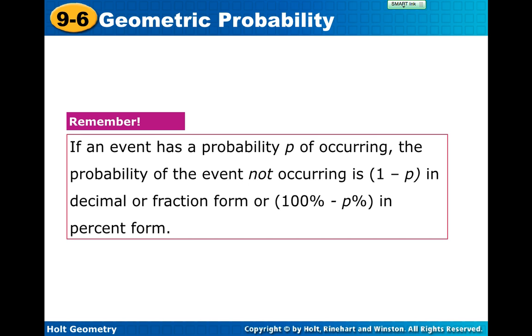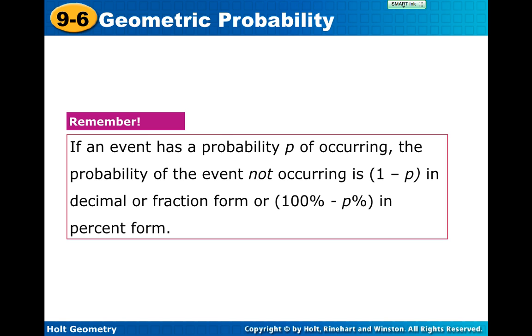If we gave the probability in fractions, we'd say the probability of it raining is 4/5, the probability of it not raining is 1/5. The 4/5 and the 1/5 add together to be a whole unit. So this is reminding you, you can subtract to find the probability of something not happening.